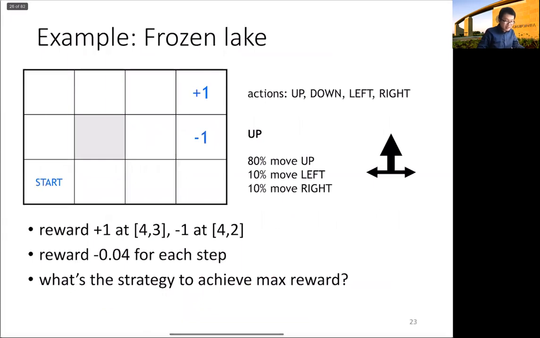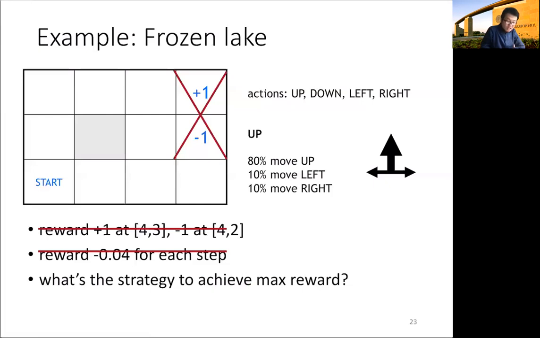On this frozen lake example, if we treat it as a pure reinforcement learning problem, then we know nothing about the reward. We also know nothing about the stopping condition and the final reward you get when you hit it, and we're asked what is a strategy to achieve the max reward.